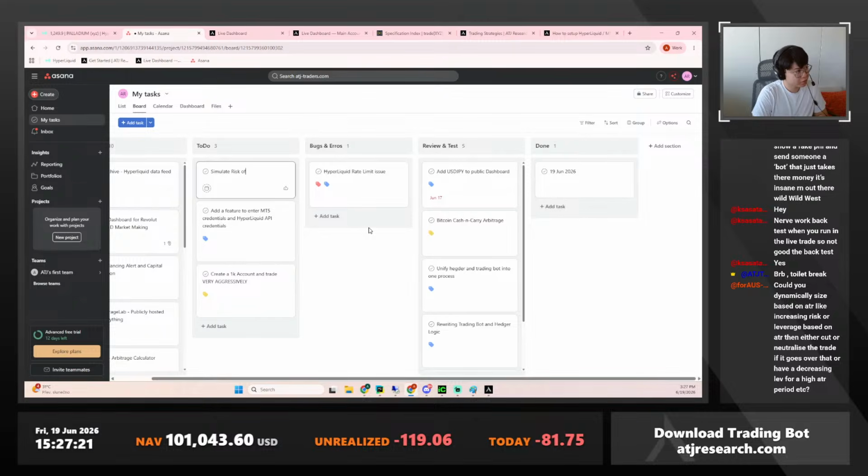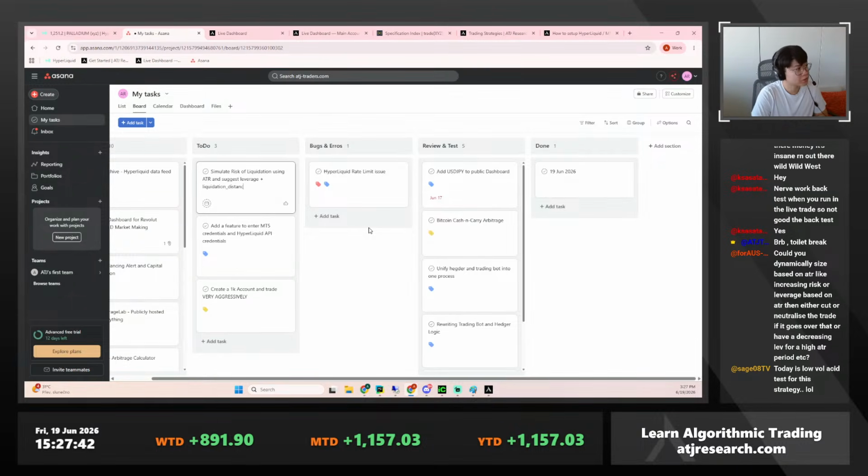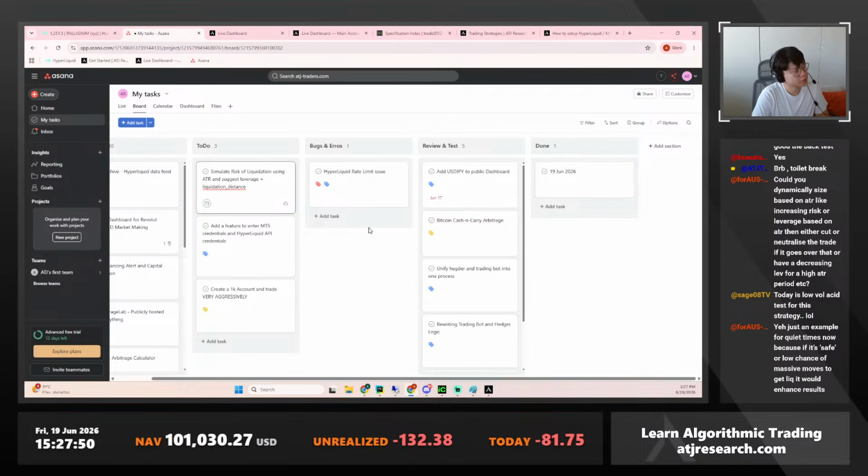Simulate risk of liquidation using ATR, and suggest leverage based on leverage plus liquidation distance, based on different risk levels, right?